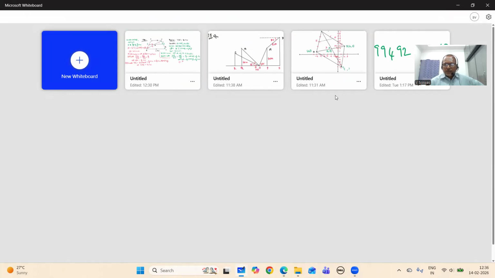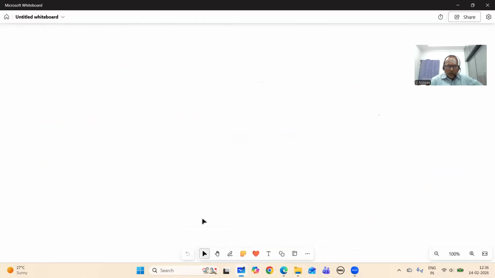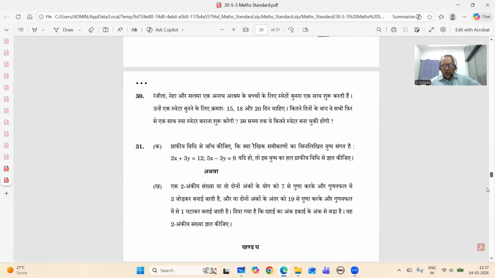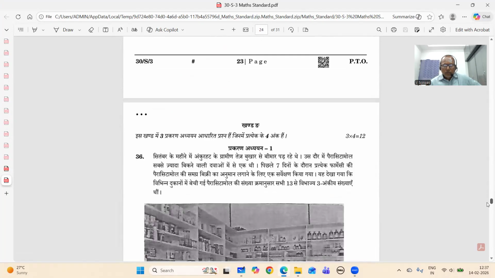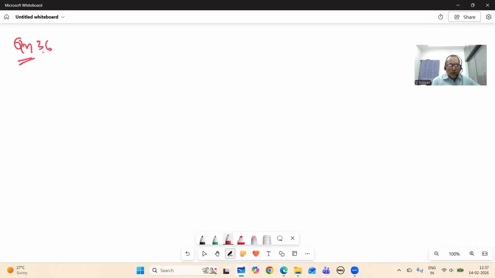This is question number 36, I think. What are all the three-digit numbers that are divisible by 13?